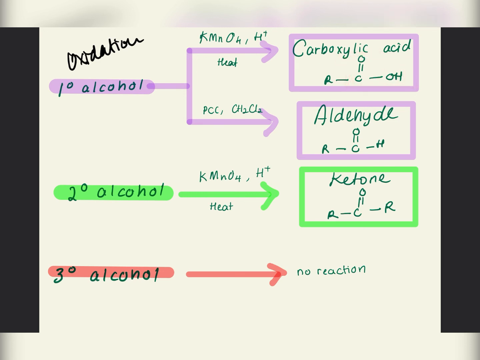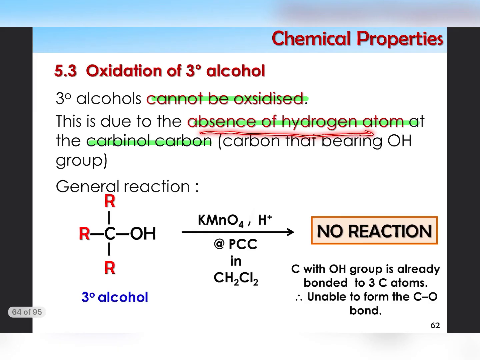Kalau guna mild oxidizing agent, PCC in CH2Cl2, kamu akan just dapat aldehyde lah. H ni akan stop dekat situ, dia tak akan further oxidize. So kalau guna secondary alcohol, tak kisahlah kamu guna any oxidizing agent, okay, kamu akan dapat ketone sahaja. And for tertiary alcohol, there's no reaction since there's no presence of hydrogen atom, maksudnya dah tak boleh oxidize.